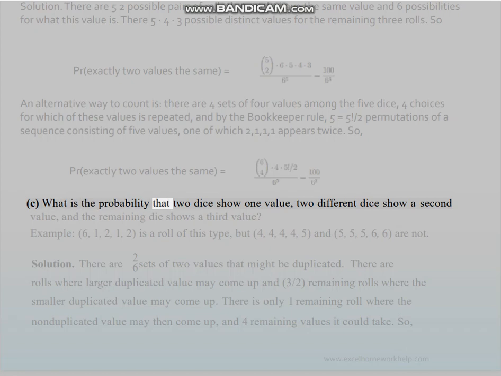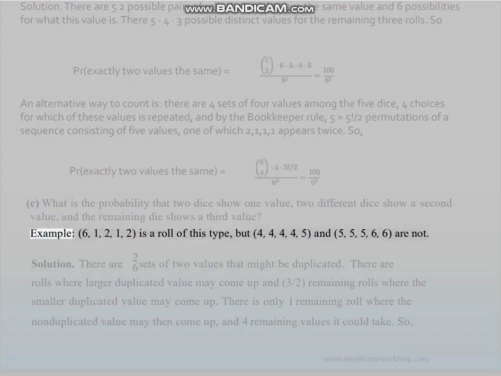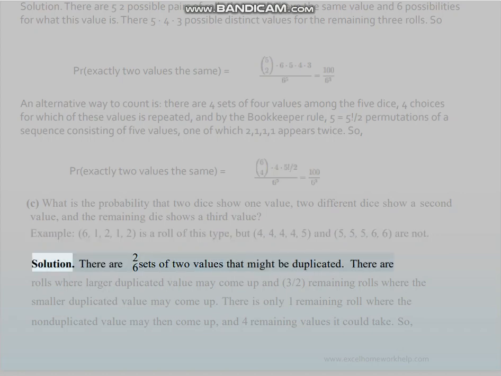C. What is the probability that 2 dice show one value, 2 different dice show a second value, and the remaining die shows a third value? Example: 6, 1, 2, 1, 2 is a roll of this type, but 4, 4, 4, 4, 5 and 5, 5, 5, 6, 6 are not. Solution.